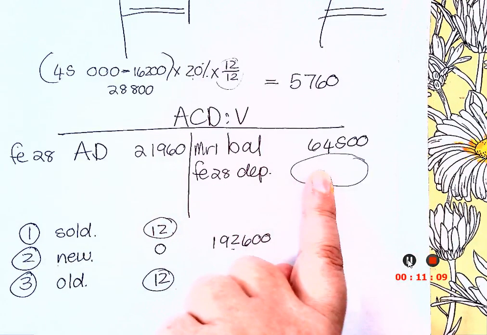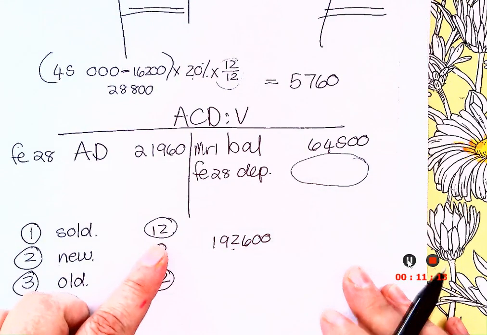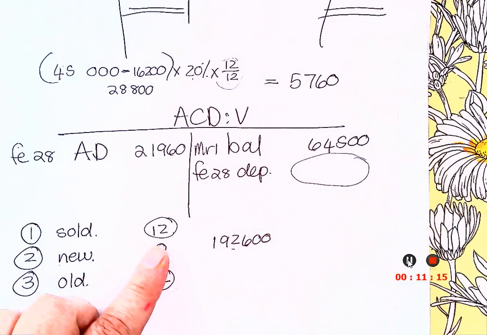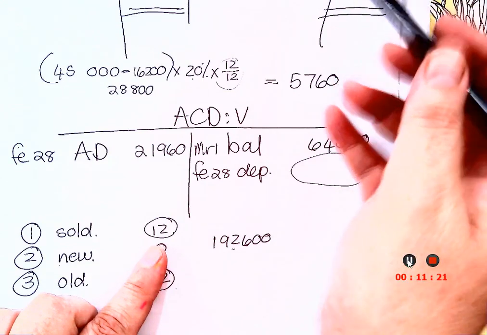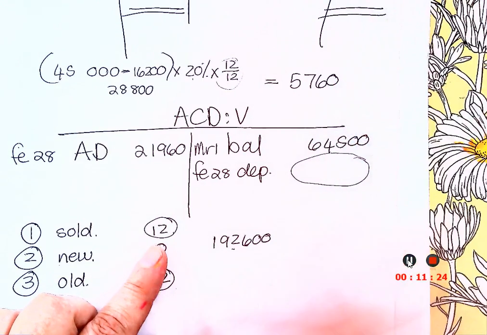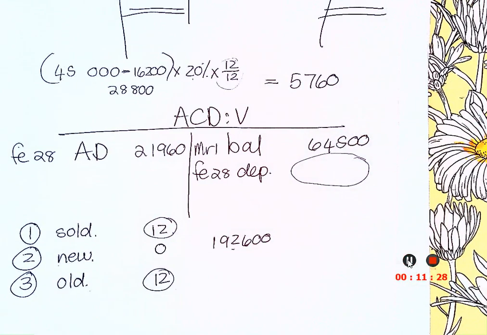If this sold one wasn't a full 12 months, then I don't have to recalculate the sold one's additional depreciation, because I've already calculated it here at the top. Then I would just transfer the 5,760. But then this old one will become a very long calculation, which I'm not going to show you guys today.